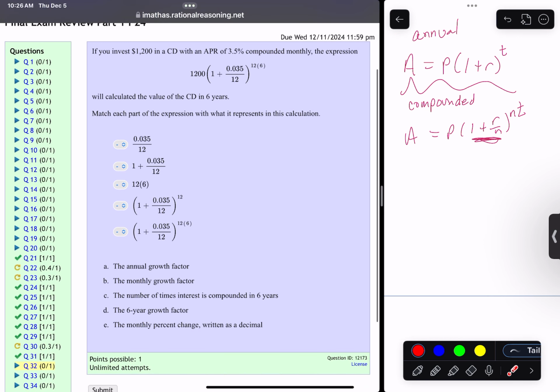So now we've got this formula. They've set it up, so you really need to know what each piece stands for. Okay, the 0.035 divided by 12, since this is compounded monthly, that is the monthly growth factor, so that's a B. Now remember, when we added it up, we added the 1 on. Wait, let's see here.